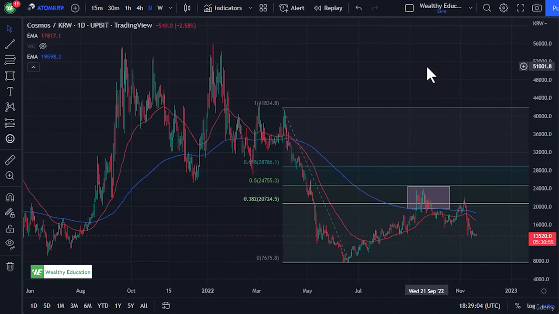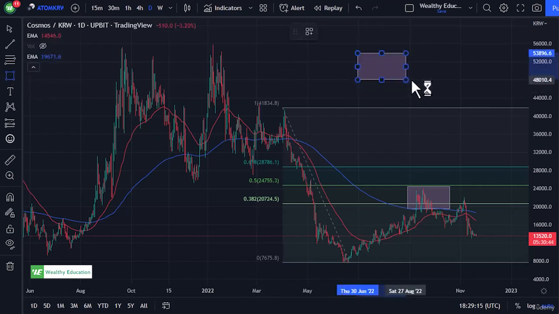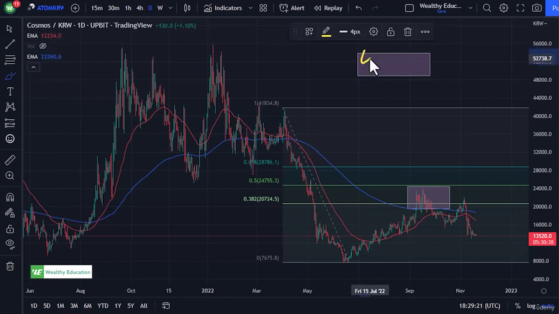Rectangles are pretty straightforward. They either work or they don't. You just wait for a close outside of it on a candlestick to play it safe. If you have a move that's like this, you don't buy it on the very first second it gets above there.